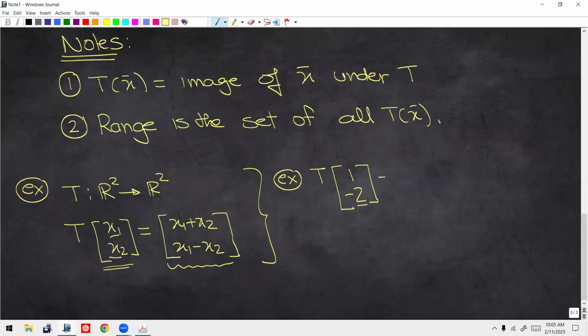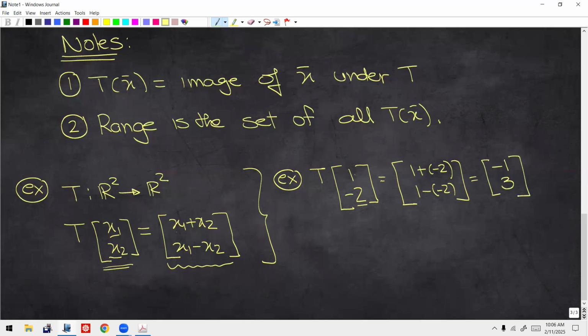So what does it do? Well, it takes x1 and adds x2 to it. So I'm going to take 1 and add negative 2 to it. And the second component is you're going to take x1 and subtract x2 from it. So if you do the math, we get negative 1 and 3.